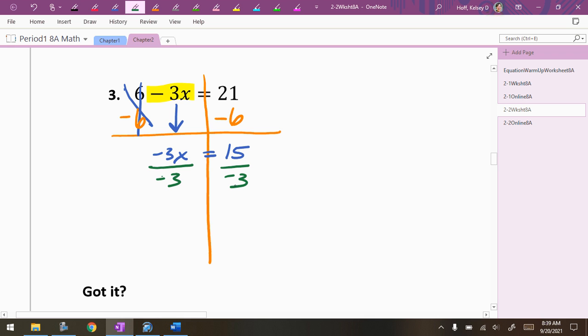Don't lose the negative. So type it in. 15 divided by negative 3 is negative 5.